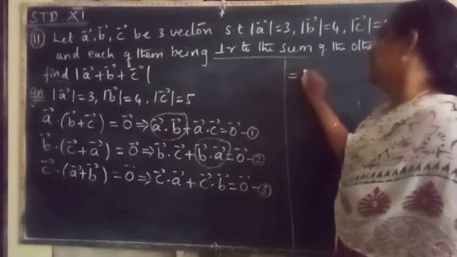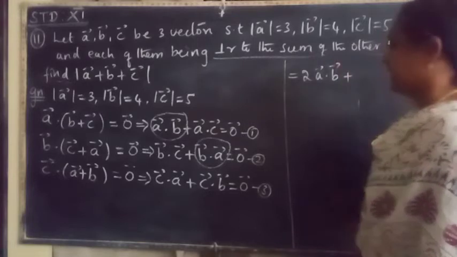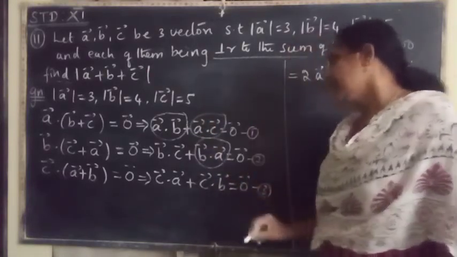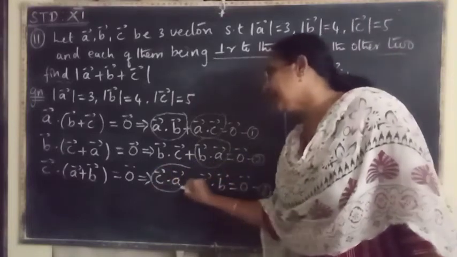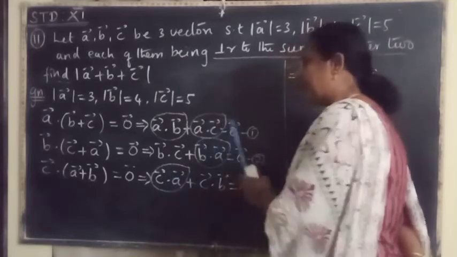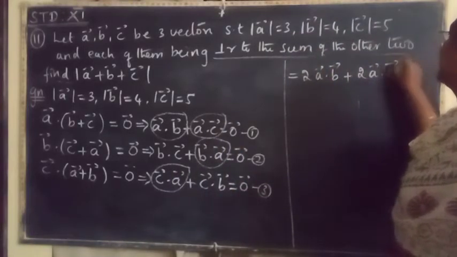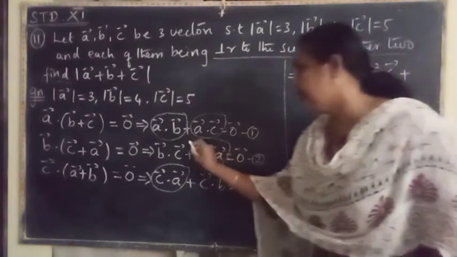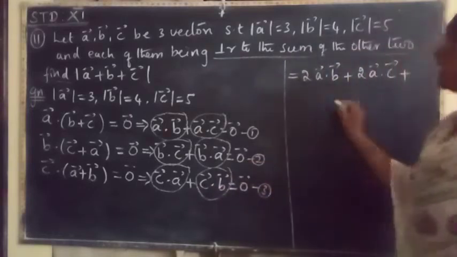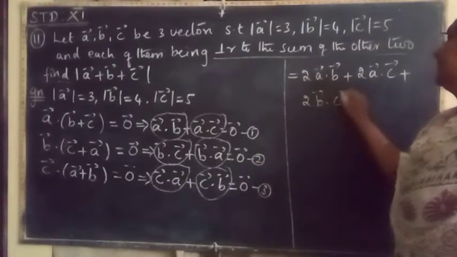So I rewrite it as 2 times A dot B plus again, A dot C and C dot A. Both mean the same, C dot A is equal to A dot C, so again 2 times A dot C. What is the next one? B dot C and C dot B, so again plus 2 times B dot C.